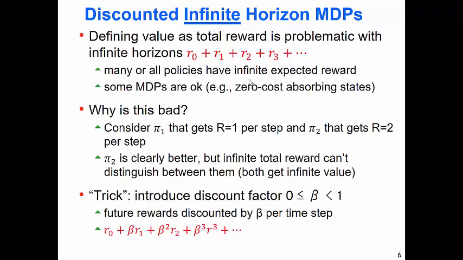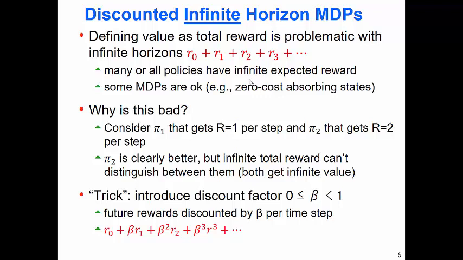All right, so what have we done? We've said that if we define the value function in the infinite case as just the sum of rewards over time, the expected sum of rewards over an infinite horizon, we can end up with problems because many or all policies have infinite expected reward. And that makes it hard, impossible, to compare policies.